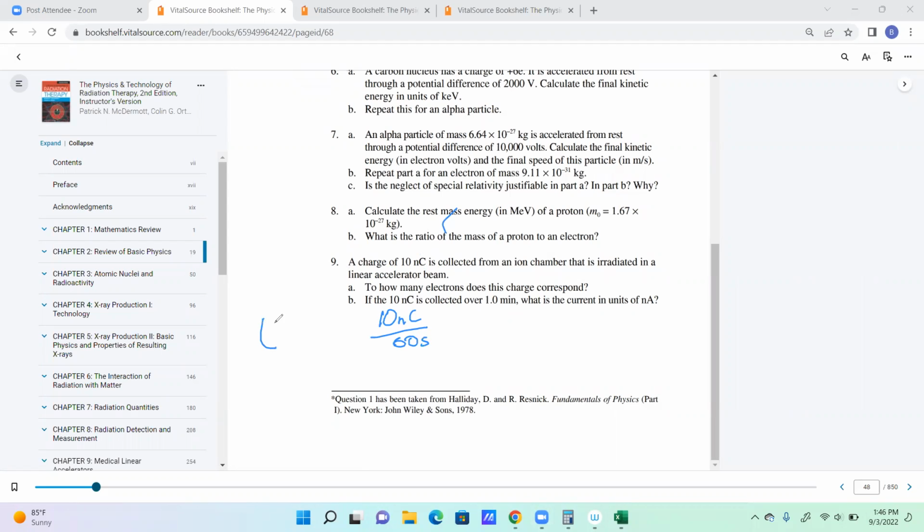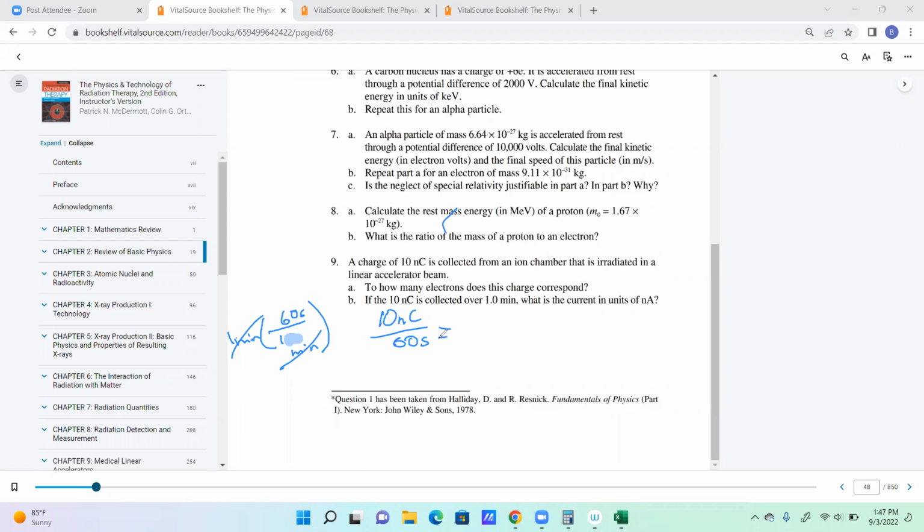Again, you can do the conversion here: 1 minute divided by 60 seconds, that's where that comes from.